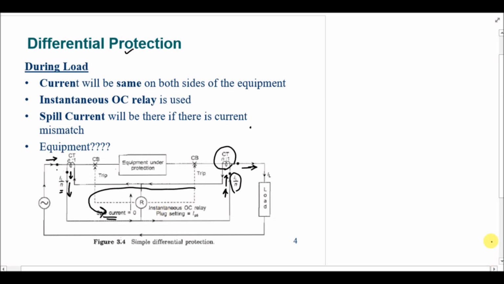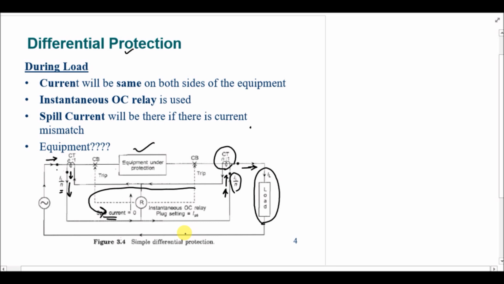So let's take the first example in which we don't have any fault in the system and we only have attached a load with the equipment that is placed here. It can be transformer or a bus bar or generator or motor, whatever it is. So we have a load that is connected to this particular equipment, and the load current is flowing through the system.